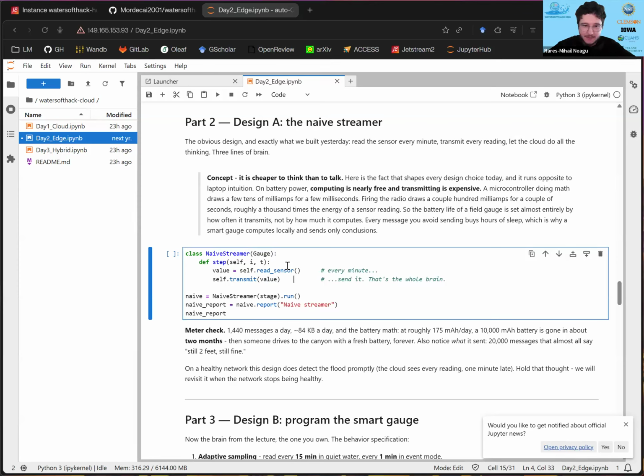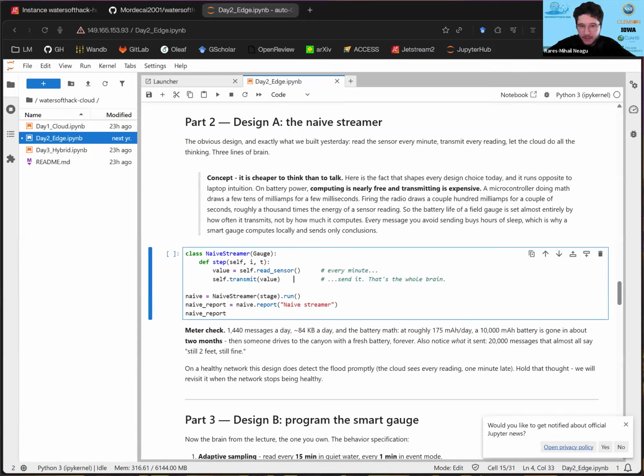It means this naive streamer class is a gauge, and because of that, it inherits all of the properties and the behaviors or methods of the base class. So the naive streamer class inherits gauge and only adds the step function.